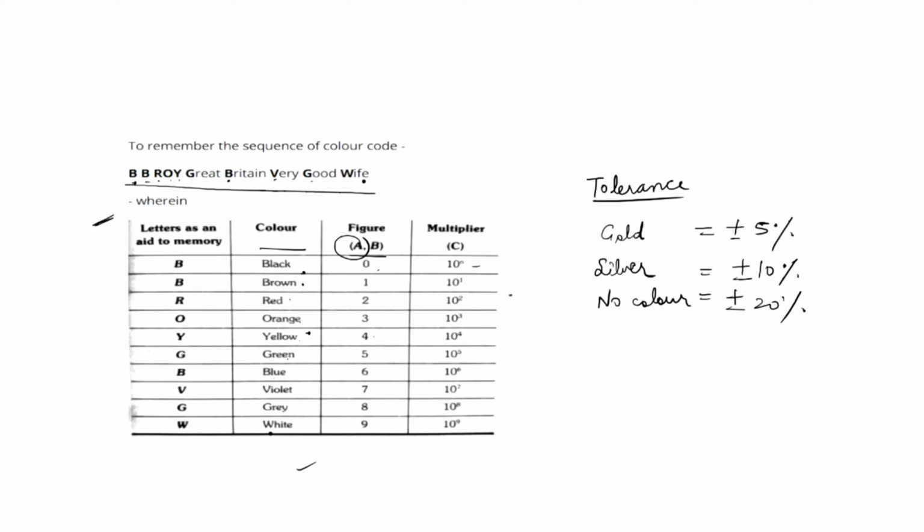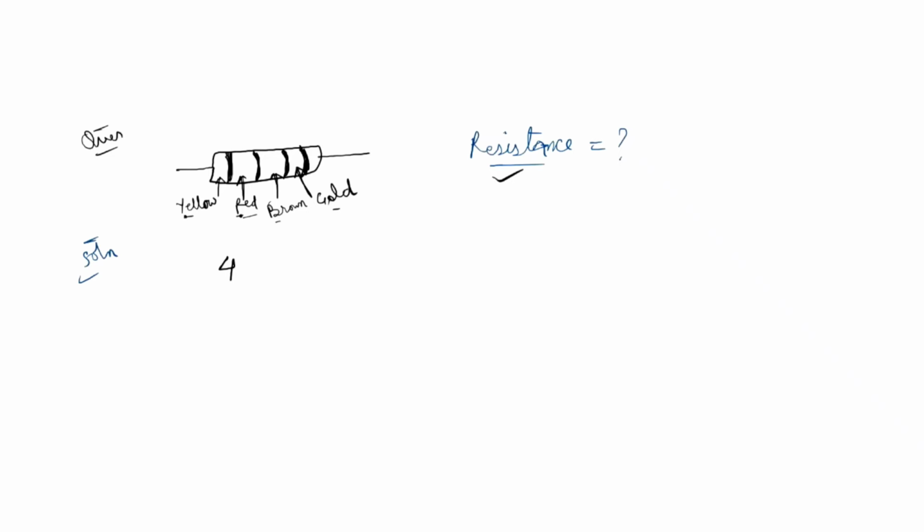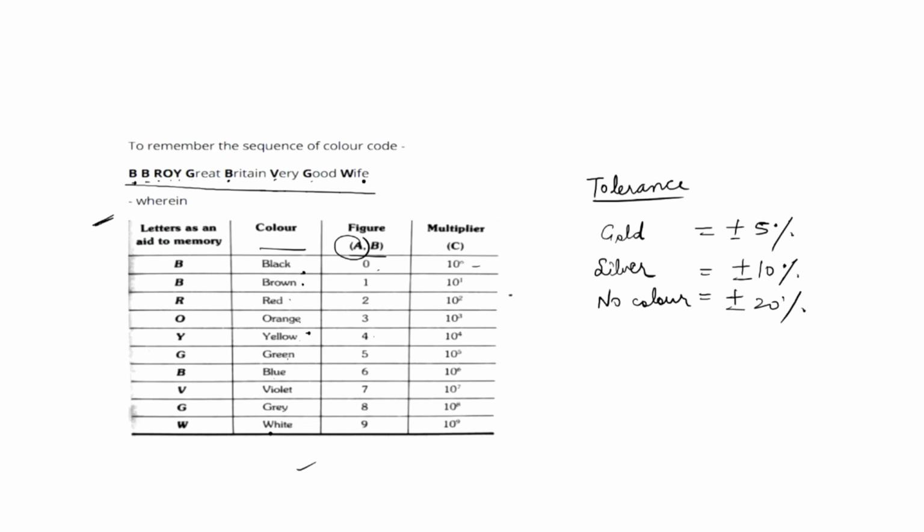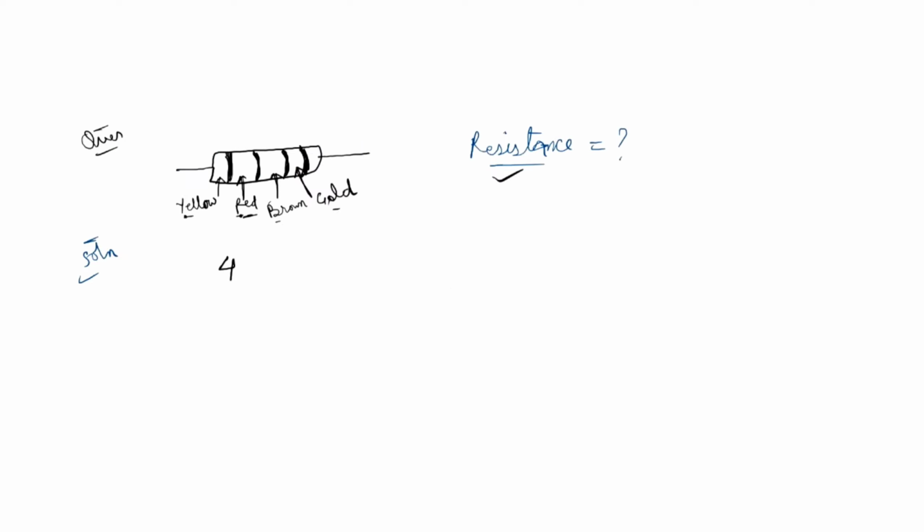For B, it is red, which is 2, so you write 2.